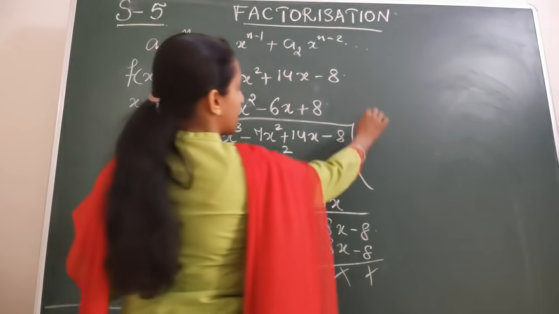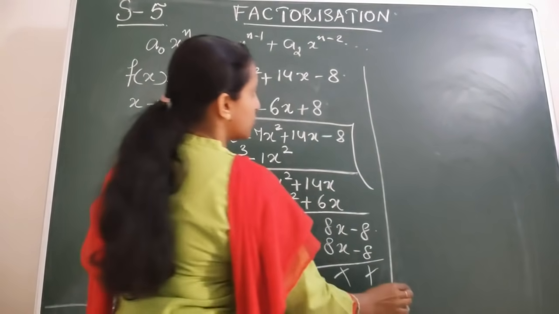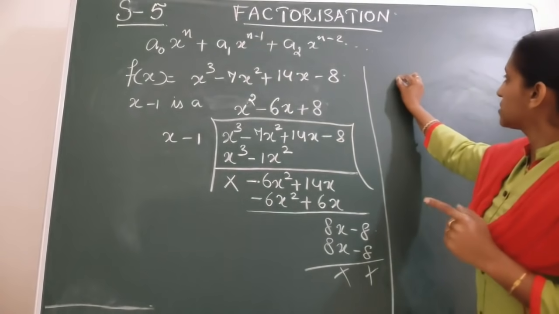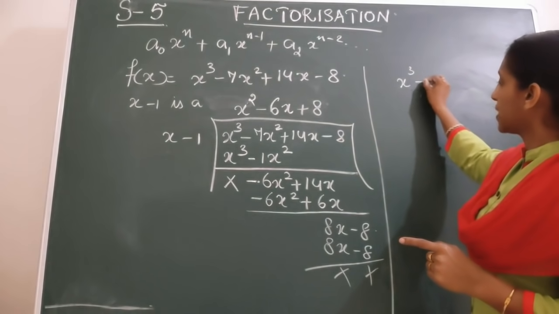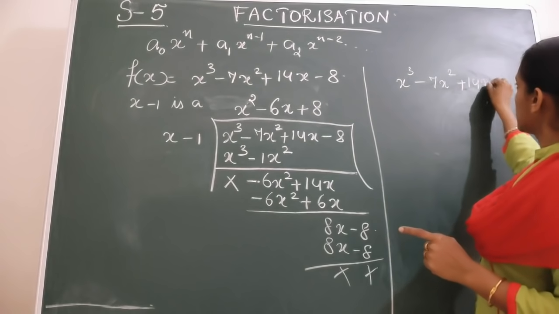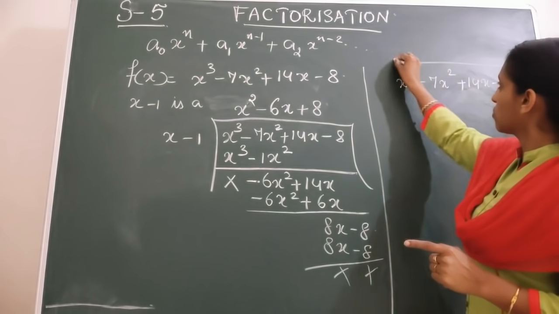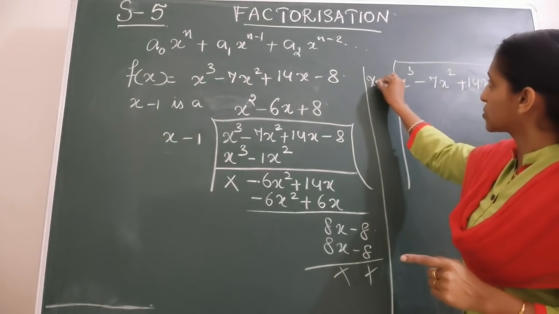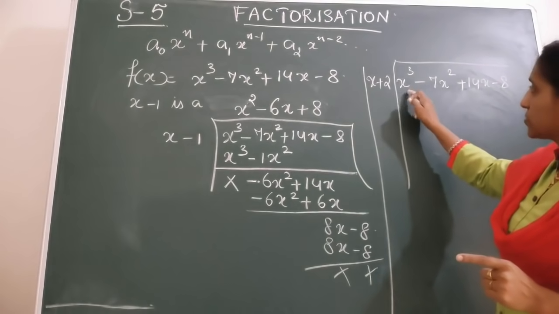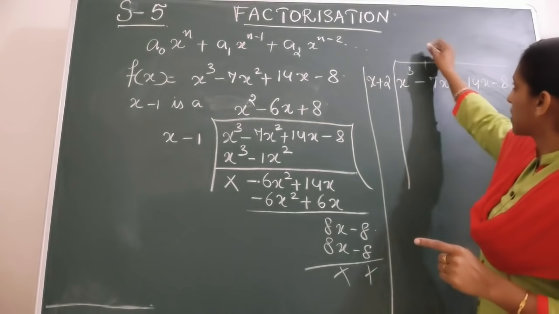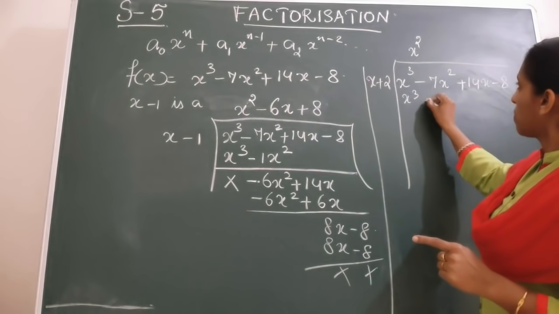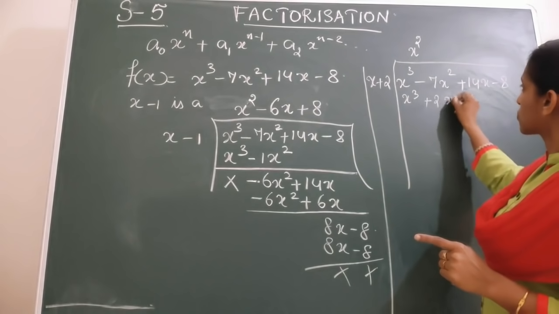We are going to divide x cube minus 7x square plus 14x minus 8 with x plus 2. We are checking whether it is a factor or not. So you have to multiply with x square, then only x cube will come. x cube plus 2x square.